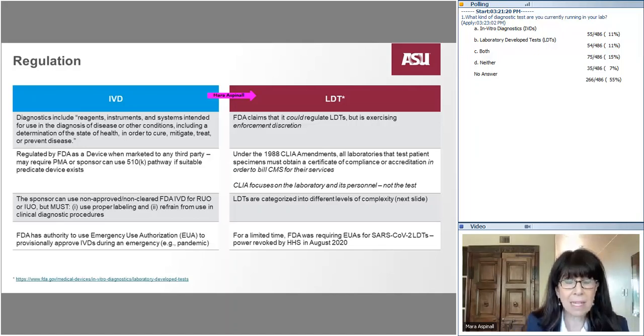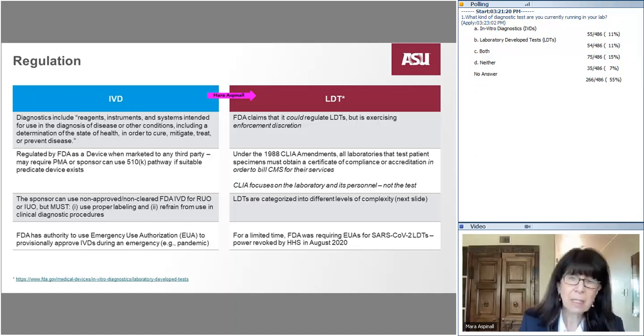They are regulated under the 1988 CLIA amendments, the Clinical Laboratory Improvement Act, and all laboratories that test patient samples must obtain the Certificate of Compliance or accreditation to bill CMS, the Center for Medicare and Medicaid, for their services.